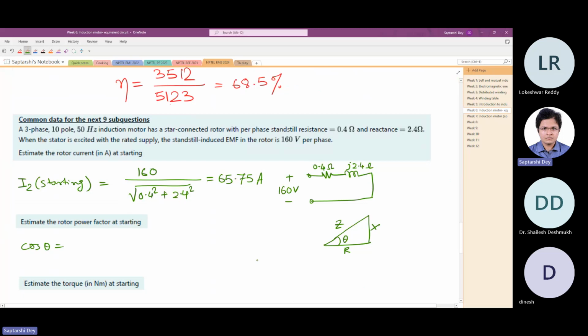Cos theta is R by Z. R by Z is a very low power factor at starting.